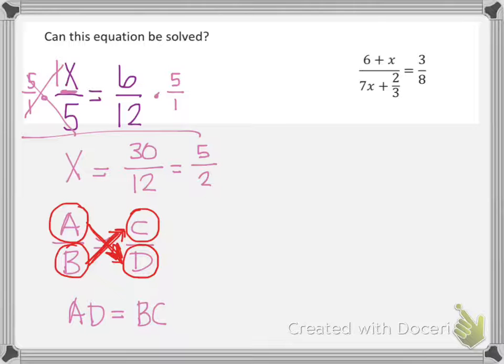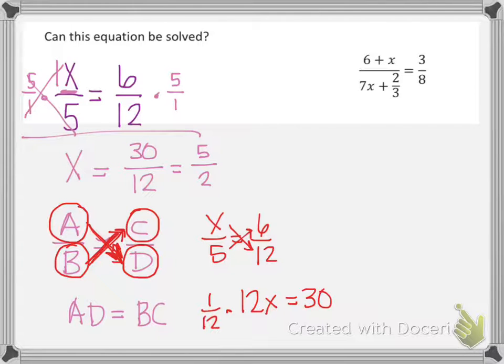So in the example we had above, x over 5 equals 6 over 12. If we use means extremes, we would find x times 12 is 12x, and that's equal to 5 times 6, which is 30. And then if we multiply by reciprocal, then we get x equals 30 twelfths, which is what we had here as well.